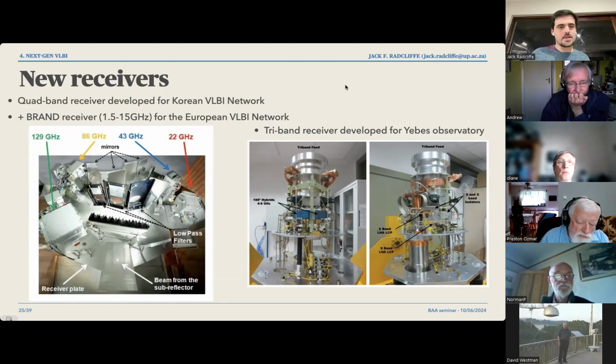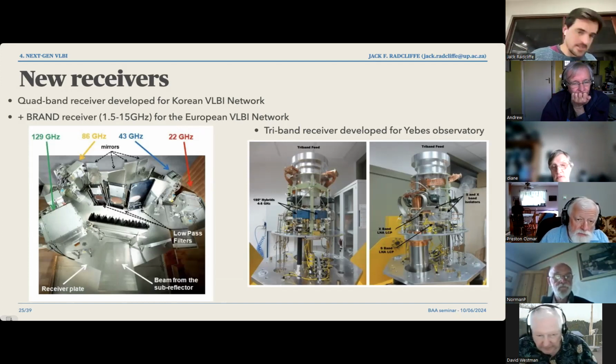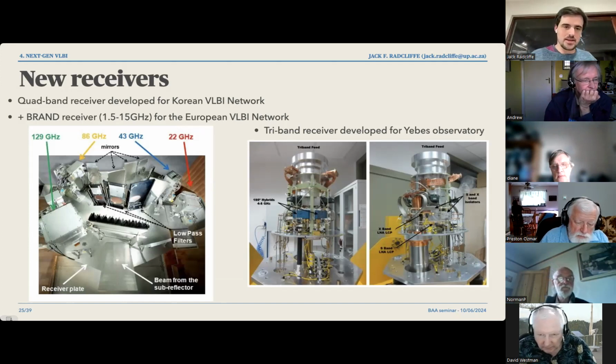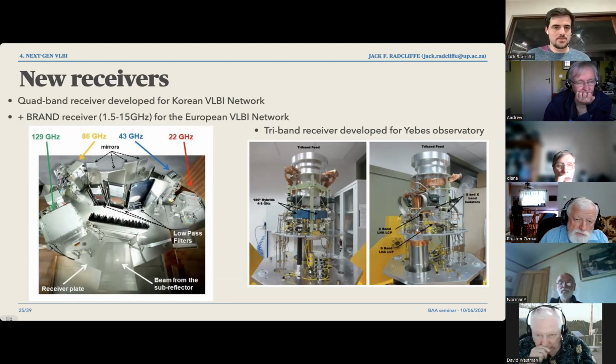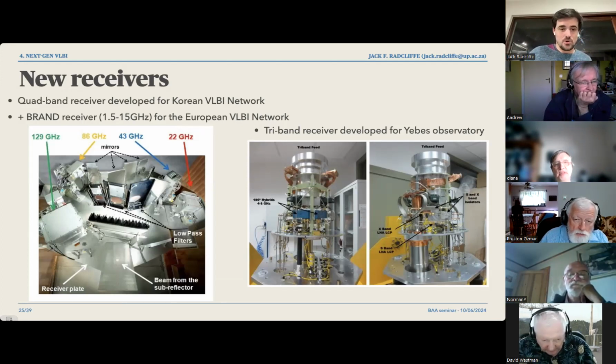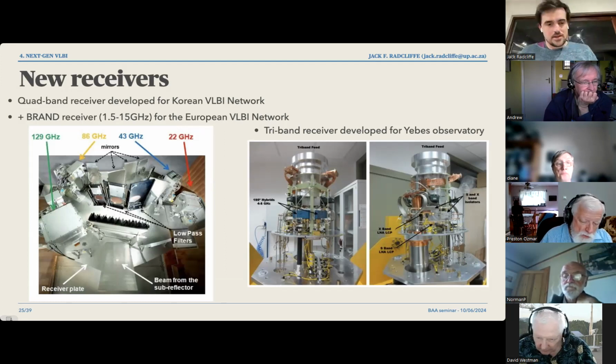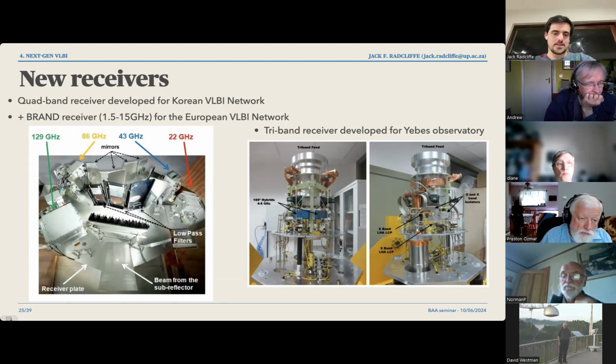So one of the big pushes recently has been these ideas of either extremely wide bandwidth receivers or multiple receivers all working at the same time from the same reflector. So on the left-hand side here, you can see what is currently in use now in the Korean VLBI network.